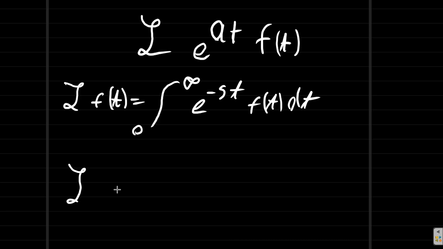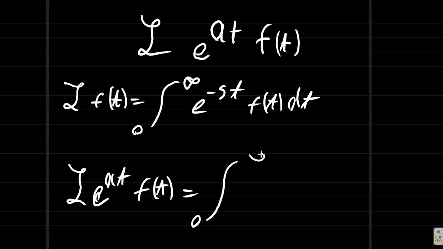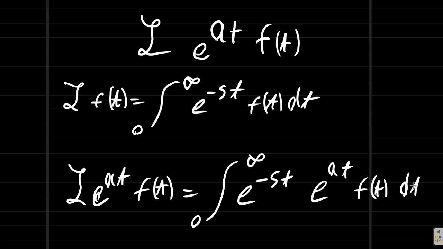The Laplace transform that we're looking at right now, e to the at f of t, is equal to the integral from 0 to infinity of e to the negative st times this e to the at f of t dt.